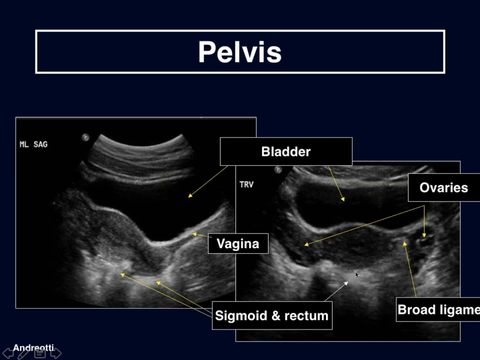We could also see that behind the uterus in the transverse plane. And once again, we can see the ovaries on either side with little tiny follicles that help us to know that these are truly the ovaries.